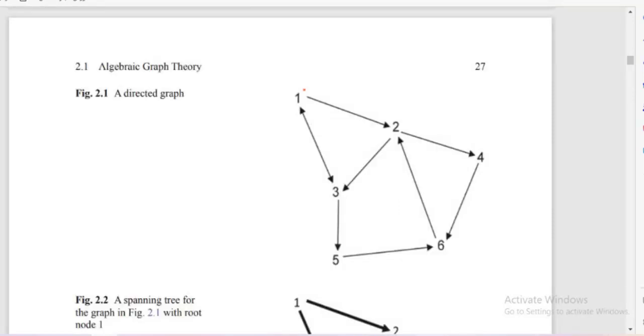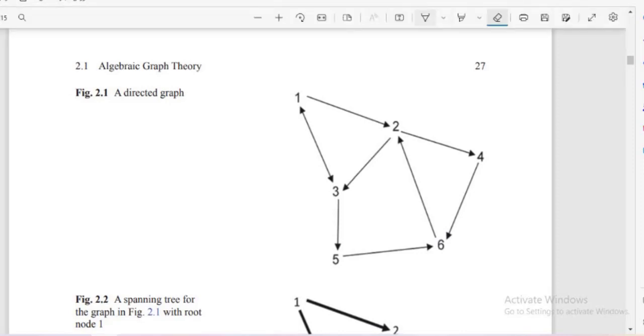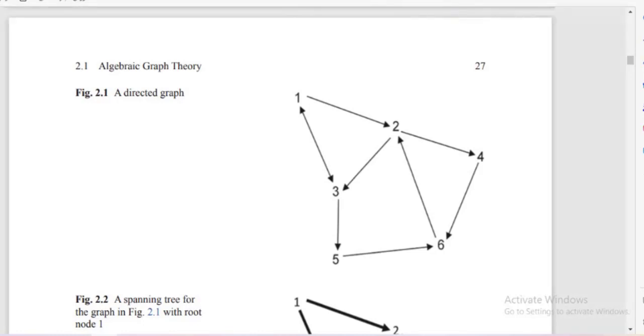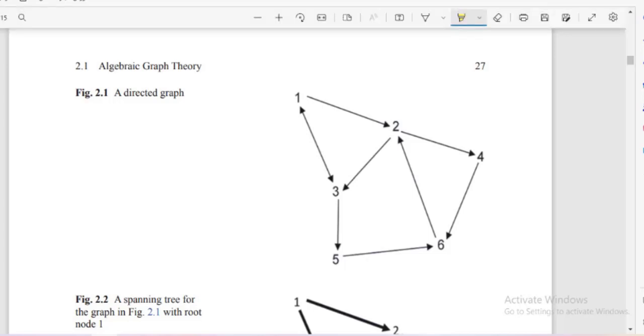If you want to describe a spanning tree for the system, we should define a tree in this graph that spans all the nodes.